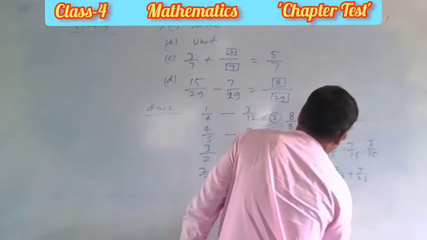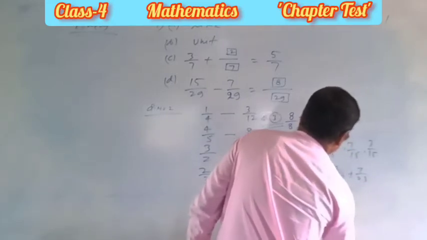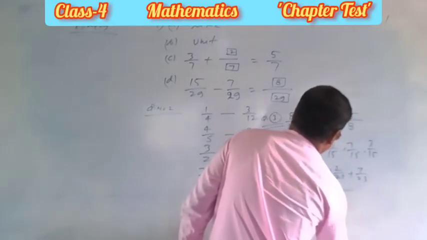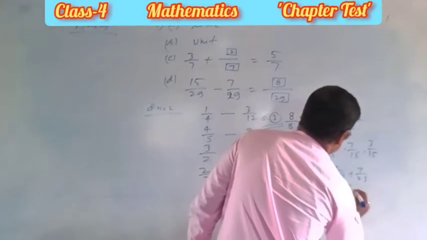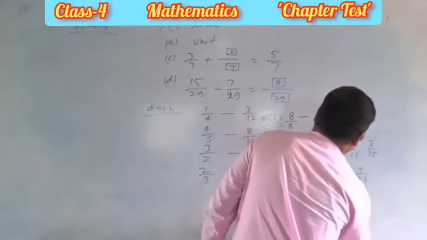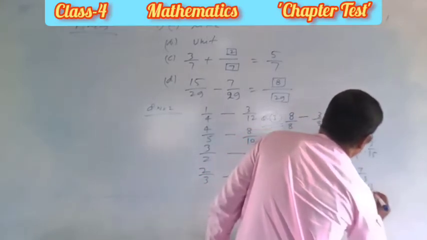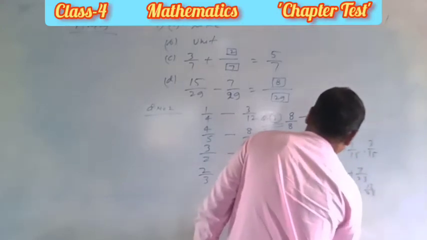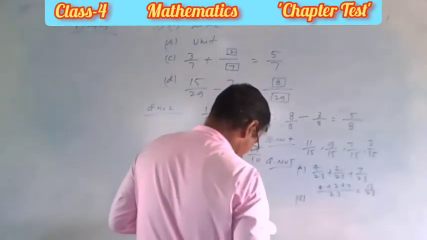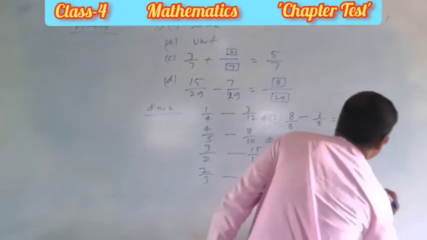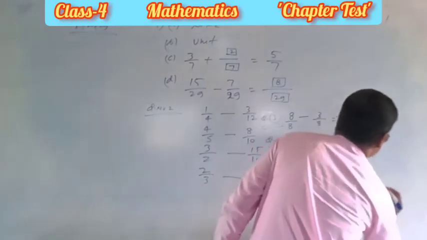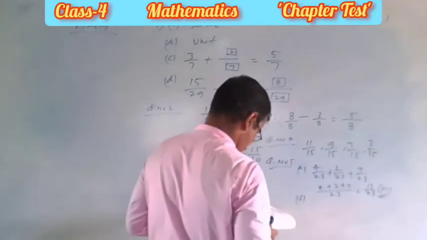We see the denominator is the same, so you write 23 and 4 plus 2 plus 7. 4 plus 2 is 6, 6 plus 7 is 13. 13 by 23 is your complete answer. The option is 3. It is your correct answer.